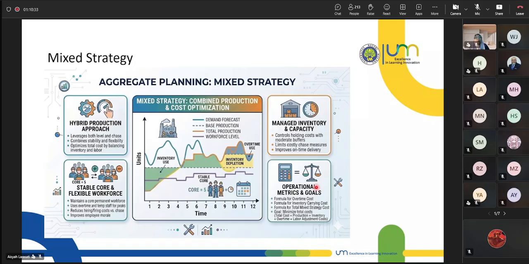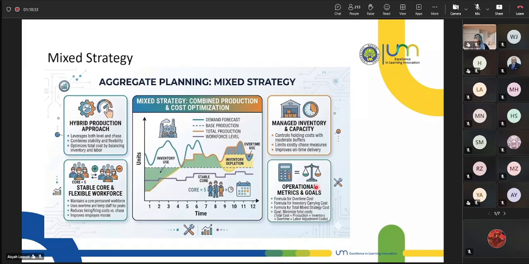And then in MPS, you also have to look into the time piece, because sometimes the company already has beginning inventory. So we will calculate the net requirement in the master production schedule. In aggregate planning, we don't take into account what inventory the company has in the initial periods.